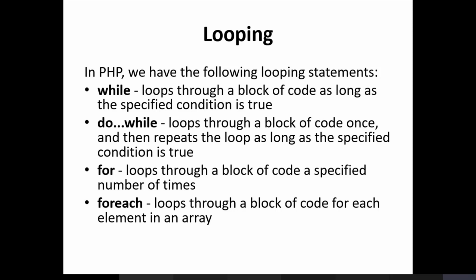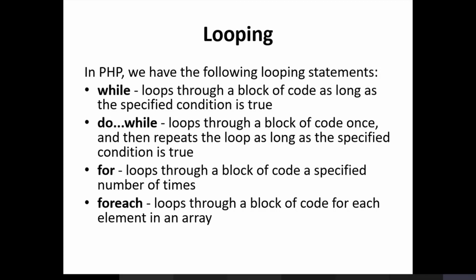You all know that for a specified number of times, the for loop is the best. So for loop will be the correct answer to this question. So for loops through a block of code a specified number of times.